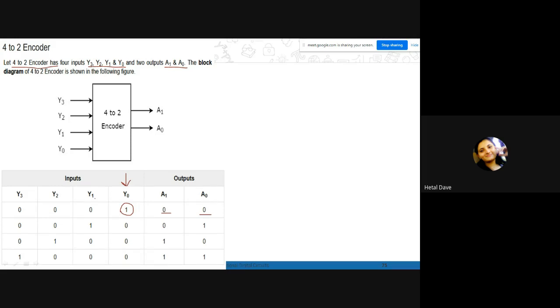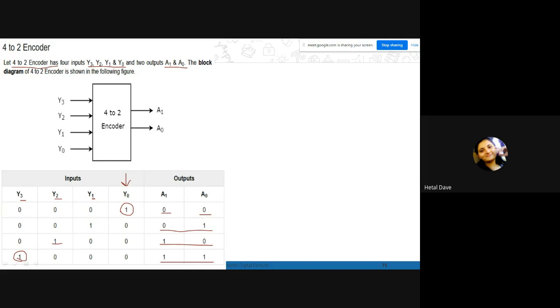Whenever the first switch y1 is on or pressed, at that time output is 0, 1. When the second switch is pressed, meaning it is 1, at that time output is 1, 0. And if the third switch is pressed, meaning it is 1, output is 1, 1.